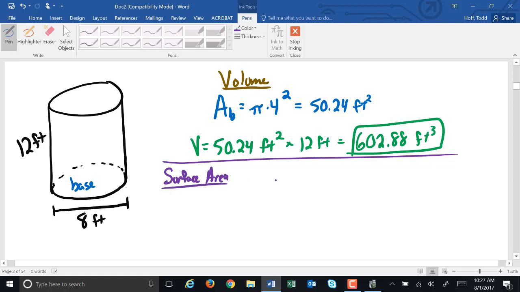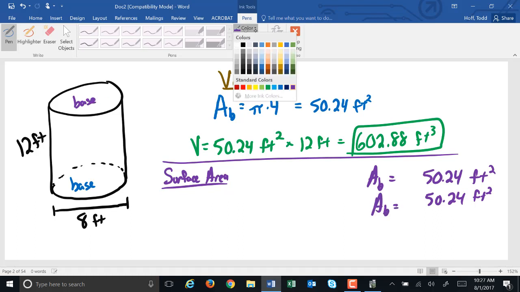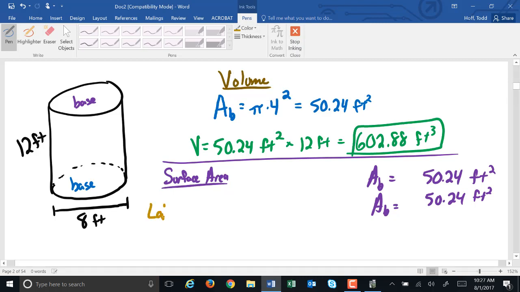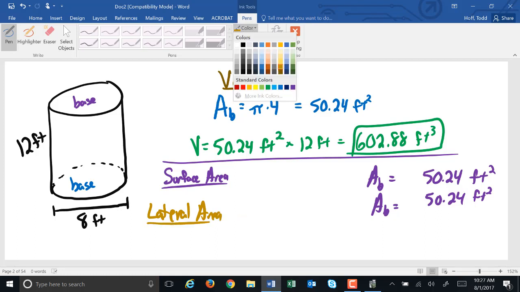So for surface area, I've got the area of the base, 50.24, and that is going to happen twice because there is a second base on the top. Lateral area, remember, requires the perimeter of the base.